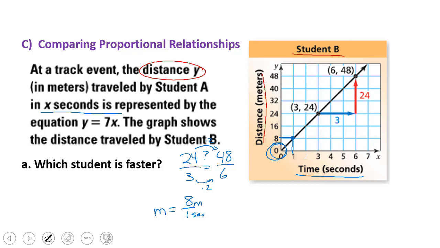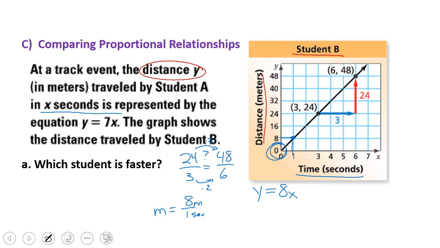Hey, I have a question for you. We have talked about every single point on this line being a solution to the equation. If we write the equation for student B, because it's 8 over 1, we would have the direct variation equation, y equals 8x.